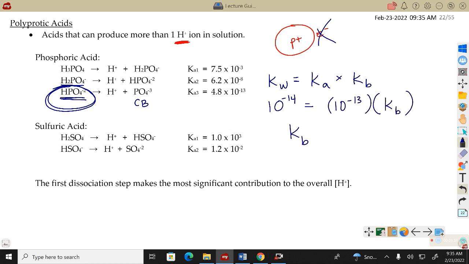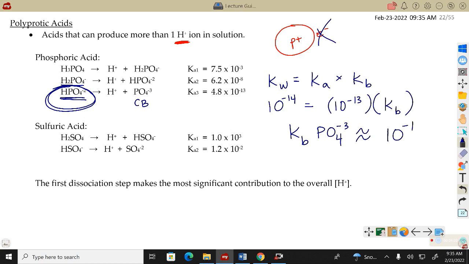So the Kb of the phosphate minus 3 ion is approximately, what, 10 to the negative 1st? Which is still small, but it tells me that the phosphate ion is a pretty good base, that it's really attracted to hydrogen. That's why the Ka3 is so small.